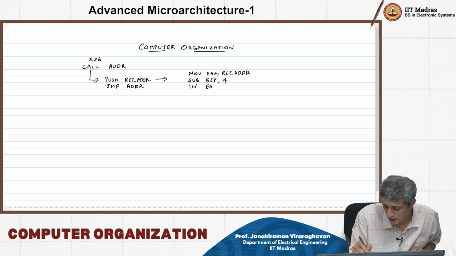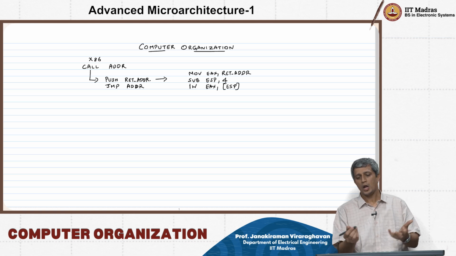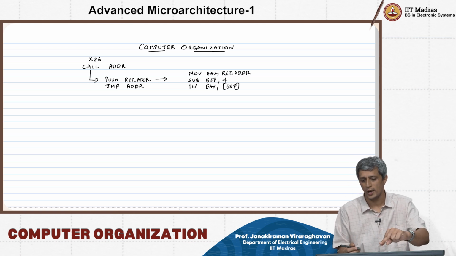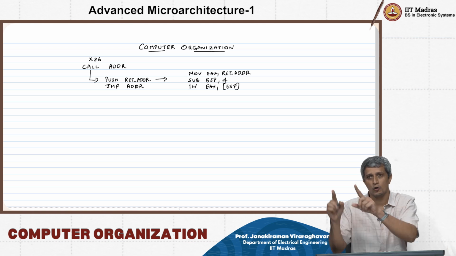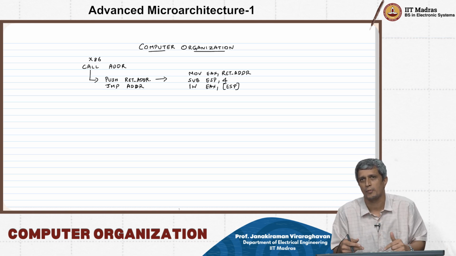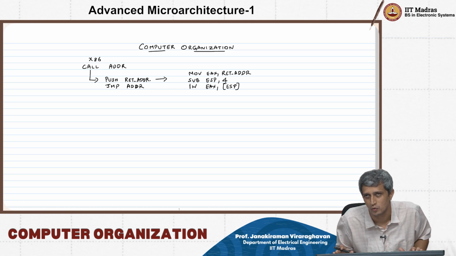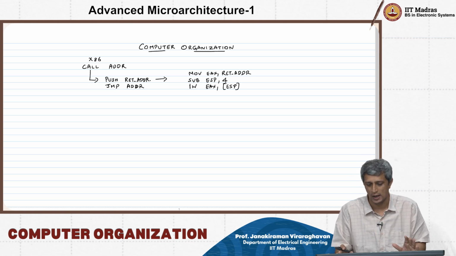So we are going to do EAX comma contents of ESP, right? Or you can also do load word EAX minus 4 of ESP first, and then subtract ESP comma 4, right? That's what is effectively going to happen.